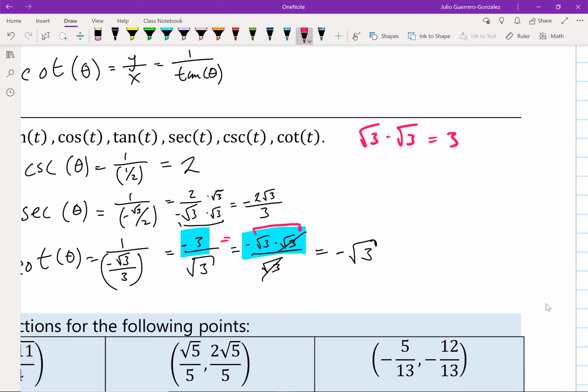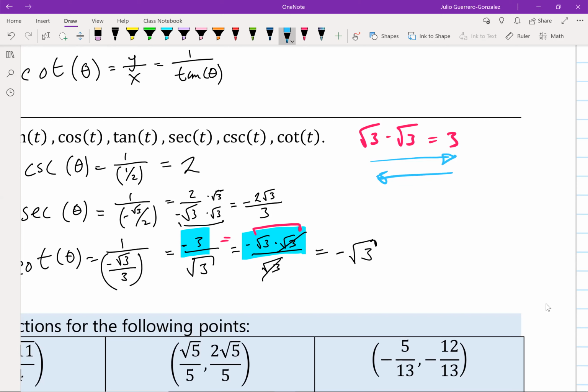Nearly exclusively for this entire class, I've been using this in this direction, and that's how I've been reducing it. But now I'm using it in the opposite direction. I'm breaking down the 3 into the 2 square roots.